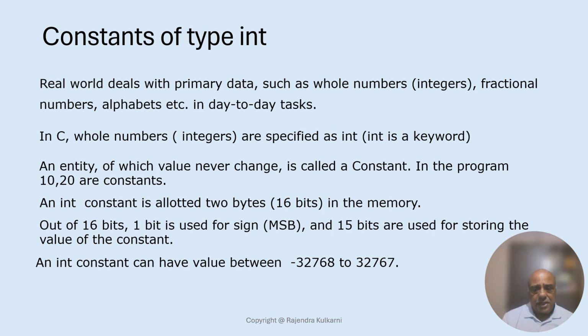Where has this number come from? It is simply 2 raised to 15. The plus and minus sign is given by the first MSB bit of the allotted 2 bytes.